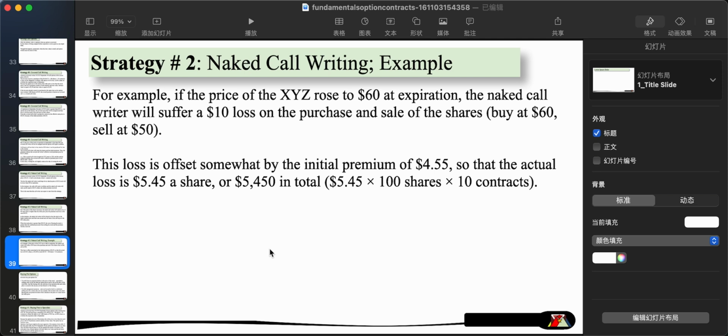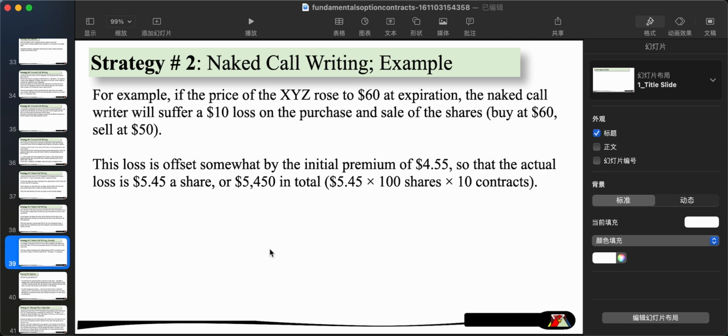You buy at $60, you sell at $50. This loss is offset somewhat by the initial premium of $4.55. So the actual loss is $5.45 a share, or $5,450 in total.